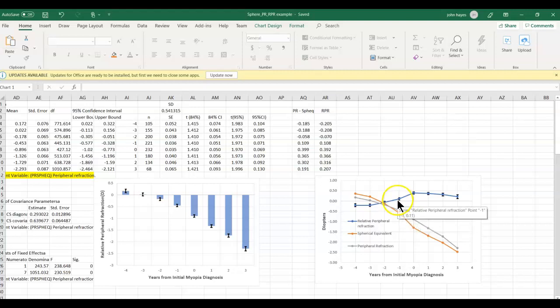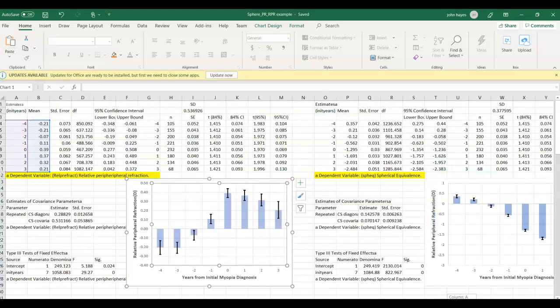When you subtract them, you get this hyperopic defocus at 1 year, and it comes up and it stays hyperopic defocus. But peripheral refraction itself is always quite myopic in its defocus. Anyway, interesting vision thing. Somebody, one of you guys, optometry type people, can explain why that looks like that.